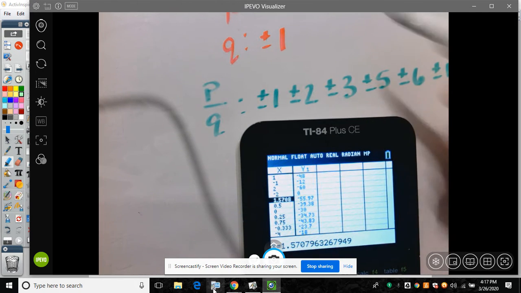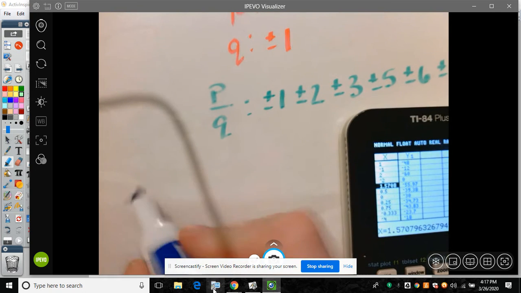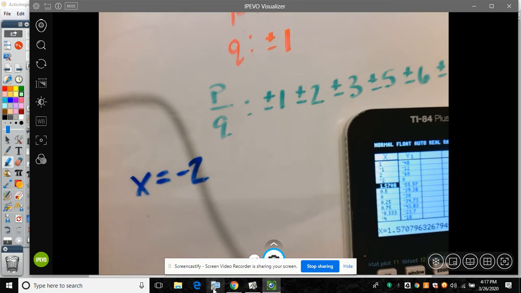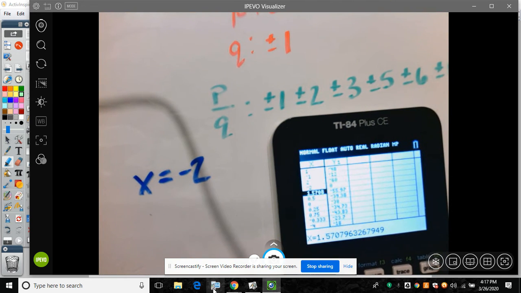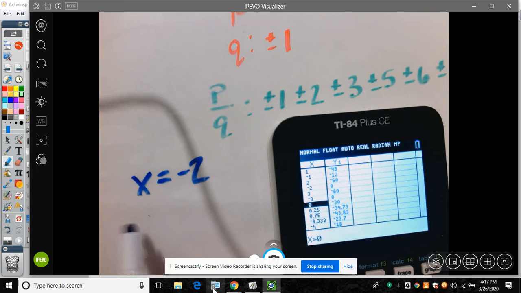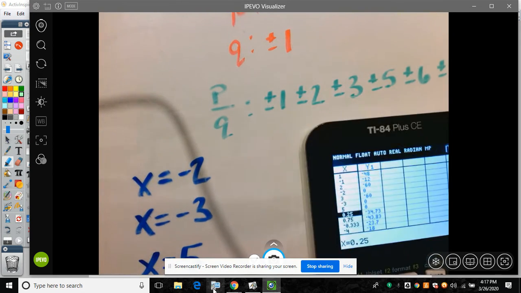So I'm going to mark x equals negative 2. And I'm looking for a total of 3 zeros here because it was an x cubed. So 3, negative 3. Oh, negative 3 is another one. So x equals negative 3. 5, there's our other one, x equals 5. So that gave me all 3 values.